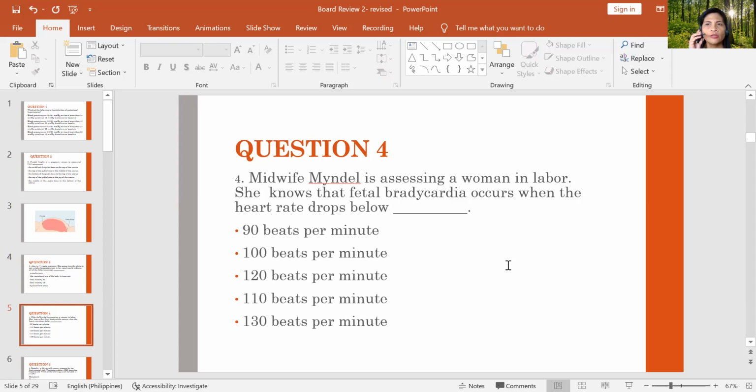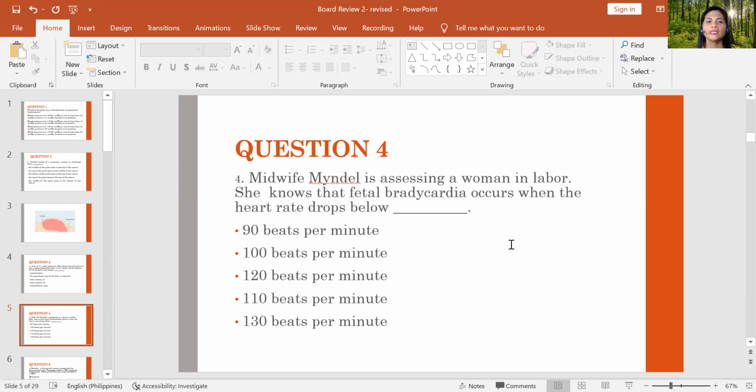Why? Bakit kaya ito yung sagot niya? Because fetal bradycardia is recognized when the fetal heart rate drops below 110. So we all know that the normal fetal heart tone is 120 to 160 beats per minute, right? So this one, pag nag-drop siya into 110, ayan, abnormal na siya.